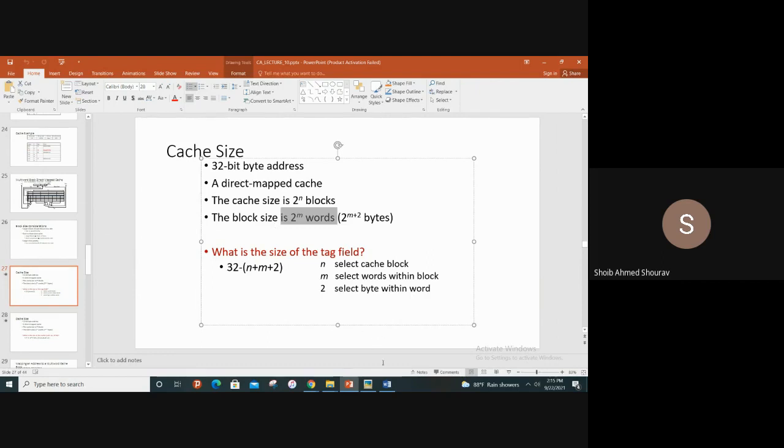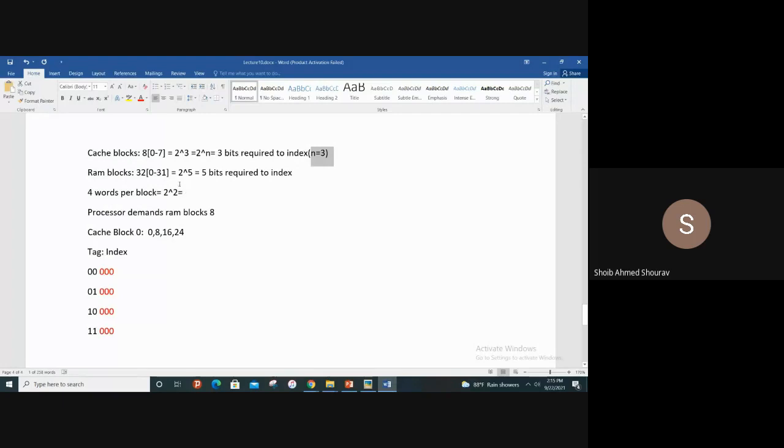In the first example there were actually 4 words per block. So, can we say it is 2 to the power 2 words per block? Okay. So if it is represented as 2 to the power m, can we say m is equal to 2?